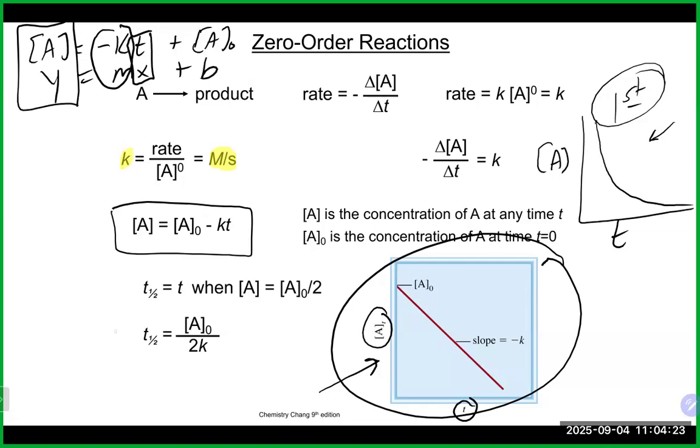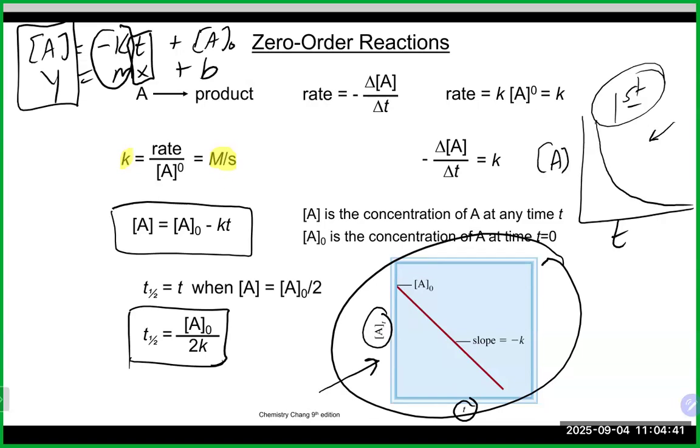We have a half-life equation as well here. Much like the second order, our half-life here is the initial concentration divided by 2k. So once again, the half-life in a zero order reaction is affected by the initial concentration as well.